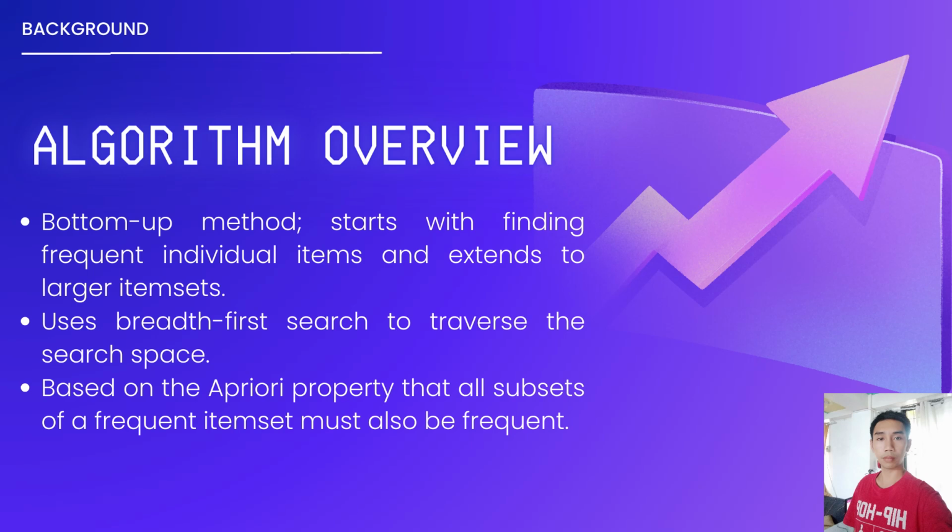This process is guided by the Apriori property, which states that if an item set is frequent, then all of its subsets must also be frequent. By following this property, the algorithm efficiently traverses the search space, identifying frequent item sets that meet the specified support threshold.